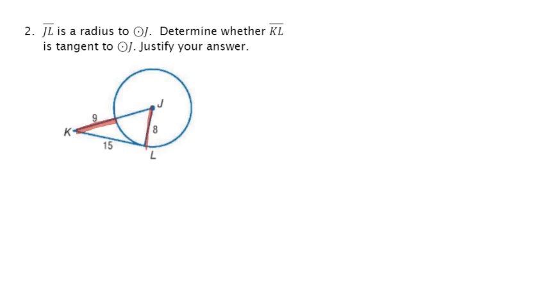This JL is a radius, and that little piece didn't have a point, so I can name it point M, just so it doesn't get confusing. You can see KM is what they're saying is 9. We can't assume they're talking about the whole segment, because they didn't state that. So I can only assume it's that little piece up to the intersection.